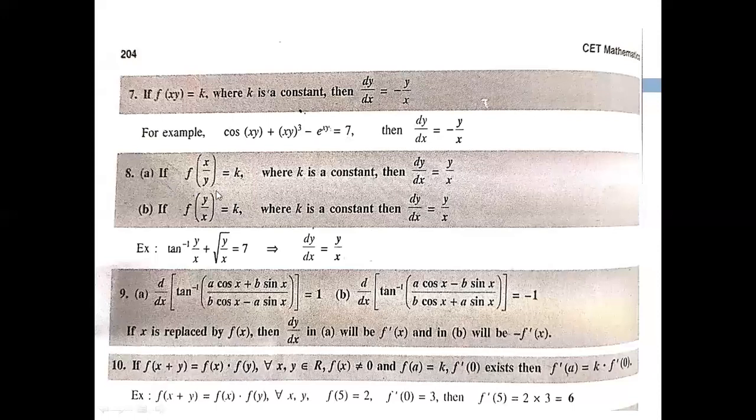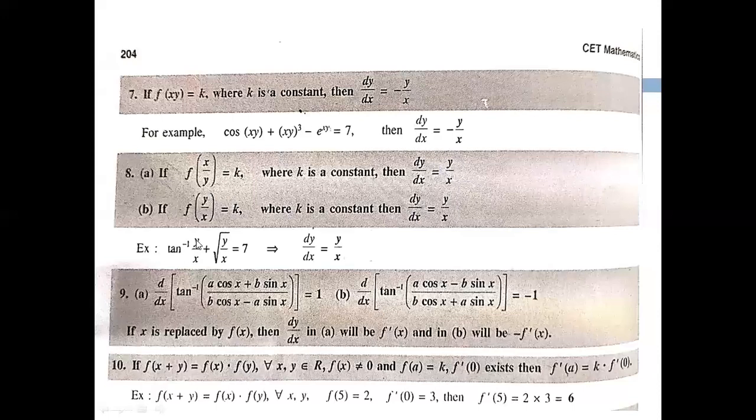Next, eighth one. If f of x by y is equal to k, where k is a constant, then dy by dx result will be y by x only. Eighth B: if f of y by x is equal to k, where k is a constant, then dy by dx result will be y by x only.